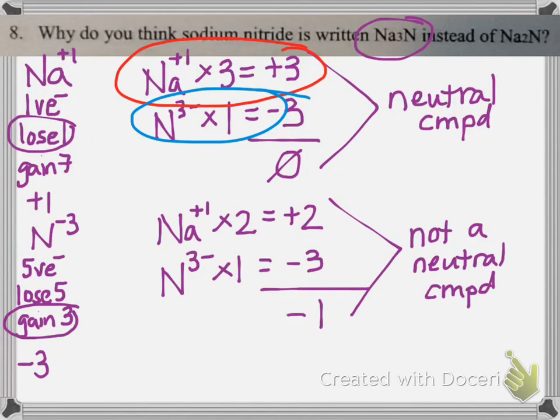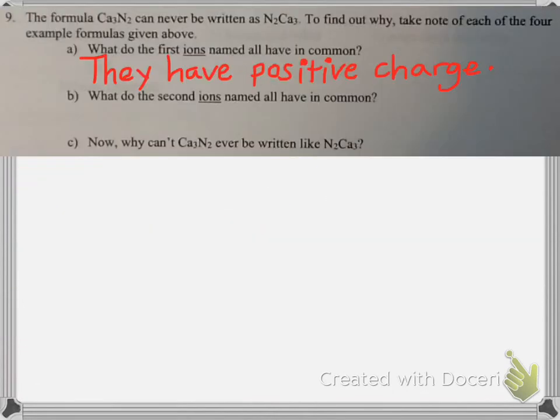They all are negatively charged. So, now, why can't Ca3N2 ever be written like N2Ca3?